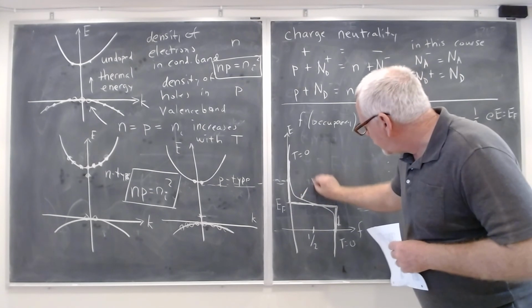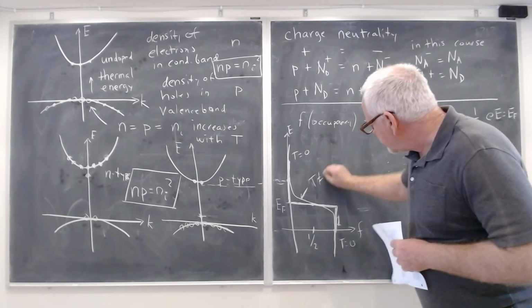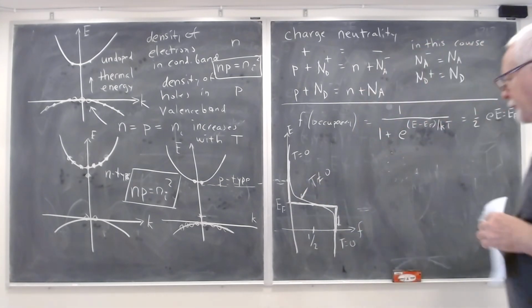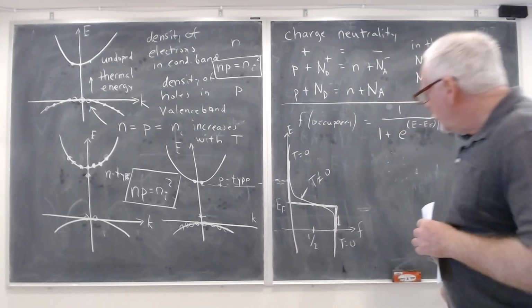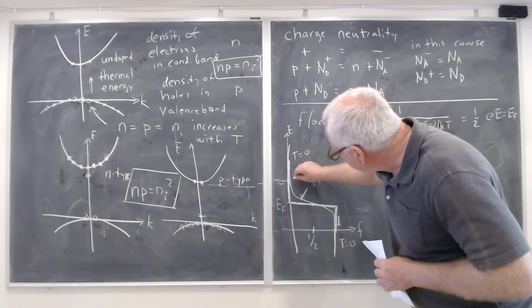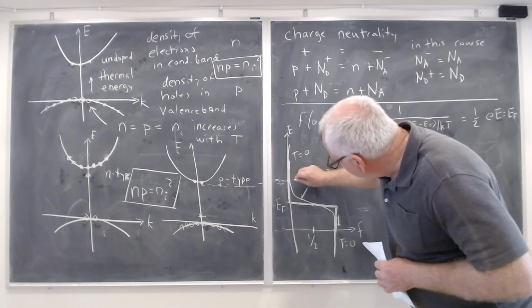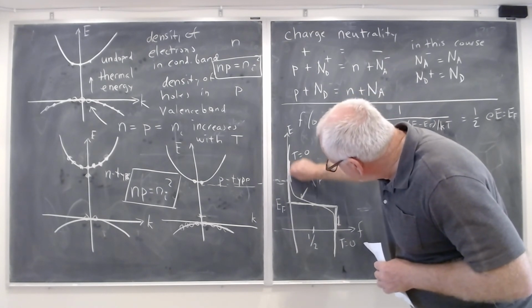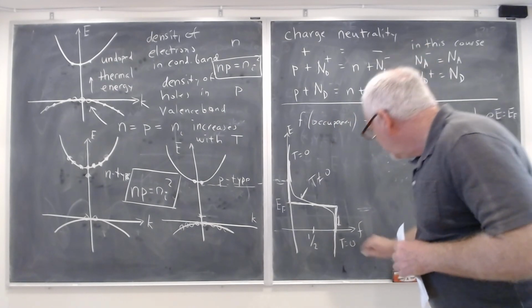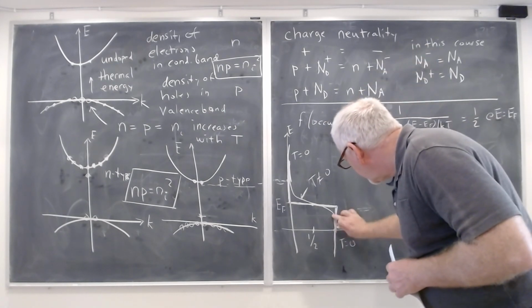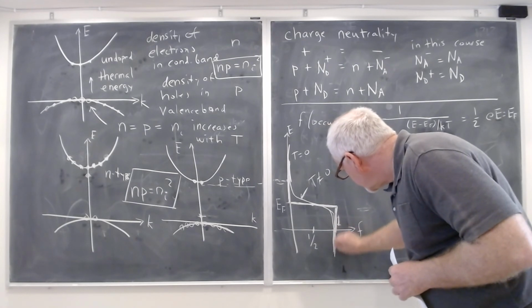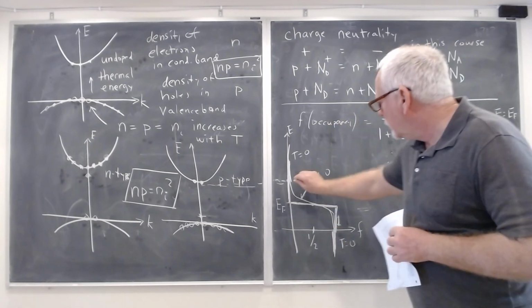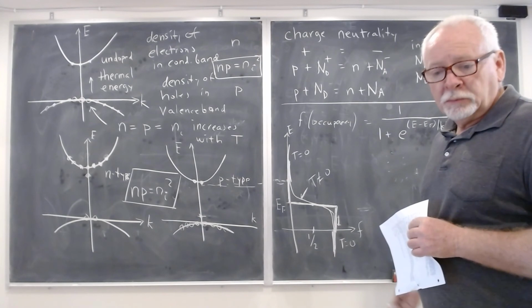So this is for T not equal to 0. And I should have drawn it a little bit nicer. What you see is that here, there's this non-zero tail, and the same thing here, I would have drawn it better, that there's this non-zero tail here, and they're equal.